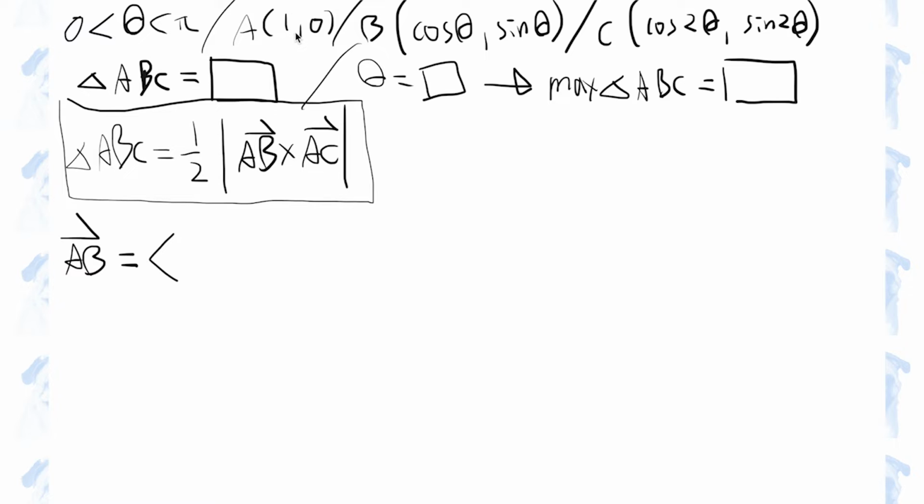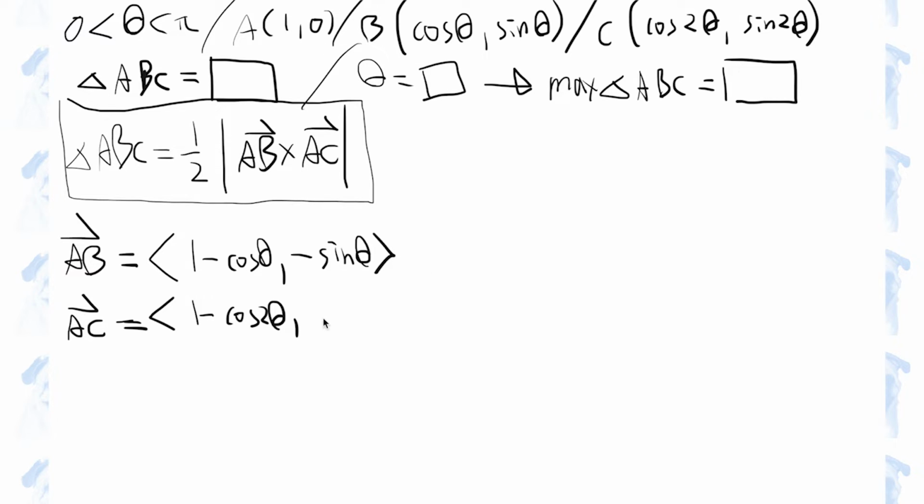The x component is 1 minus cosine theta, and the y component is 0 minus sine theta, which is minus sine theta. 1 minus cosine 2 theta, 0 minus sine 2 theta, which is minus sine 2 theta. There are 2 useful trig identities that you should know.